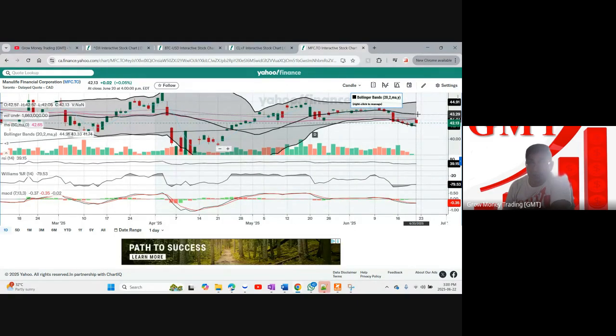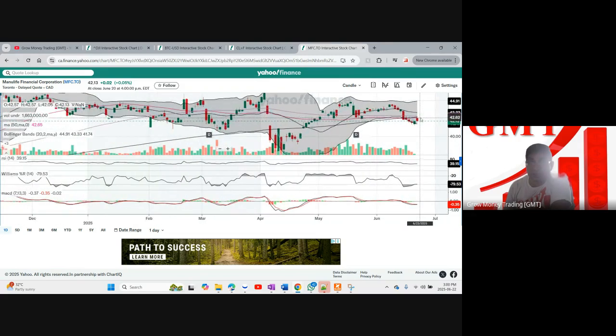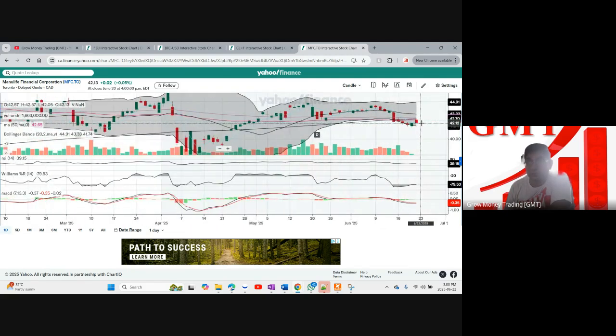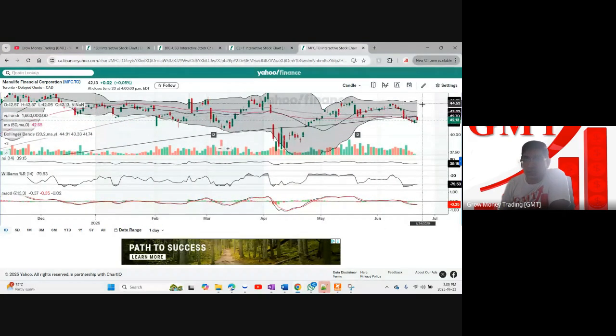Although the daily chart looks attractive because the RSI and Williams R are in oversold condition, the weekly chart is not strong and indicates a further downtrend. So try to book your profits at the mid Bollinger Band.